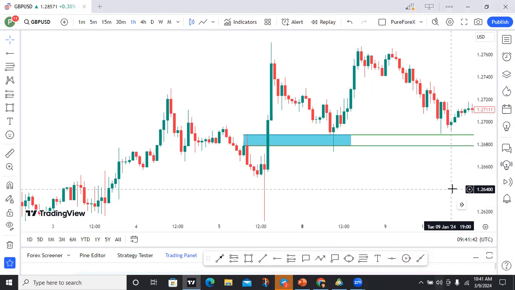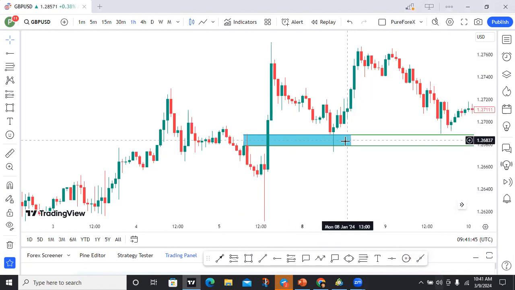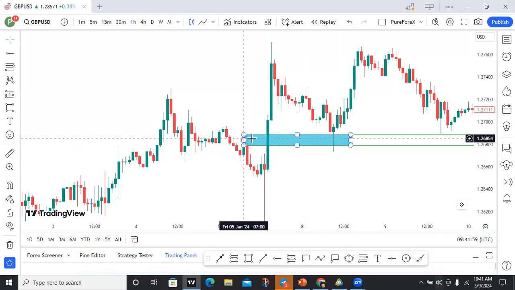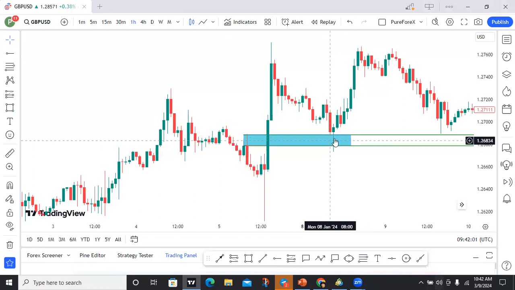So this becomes your zone. Whenever the market comes to this area, whenever the market touches the upper line, the moment the market touches the upper line, you start looking for entry, right? Or the moment the market enters this your zone, this entire zone becomes your zone of probability. This becomes your buy territory, right?